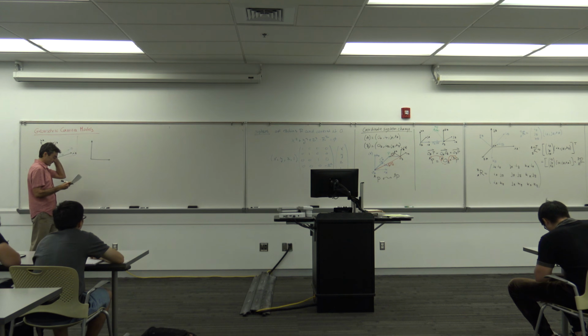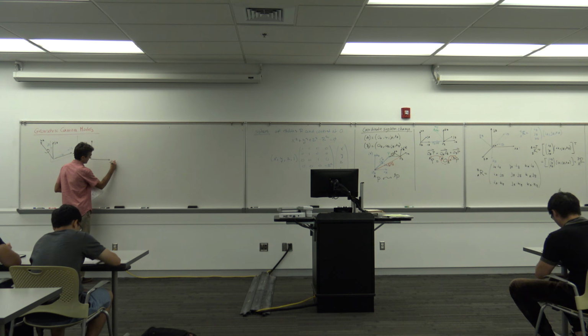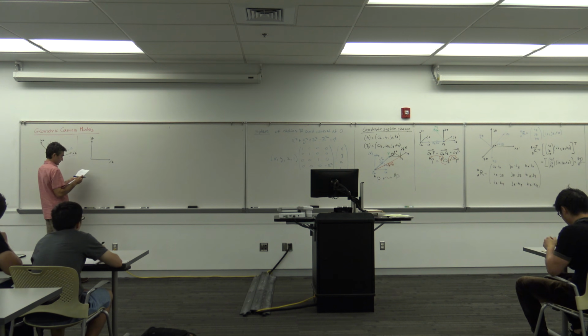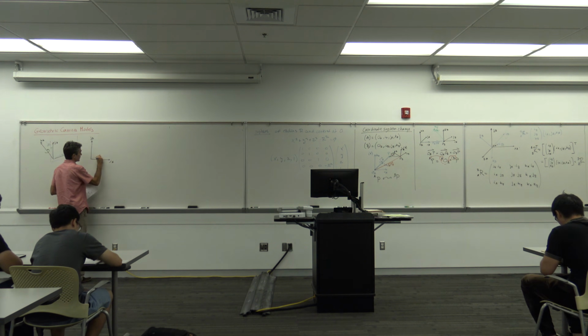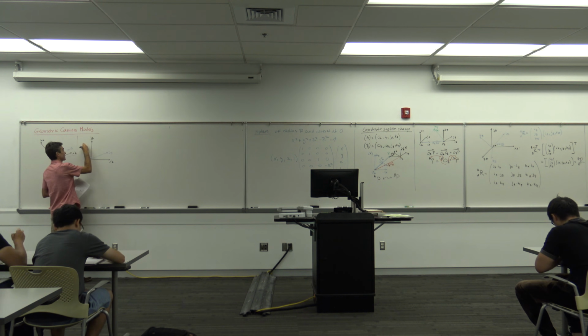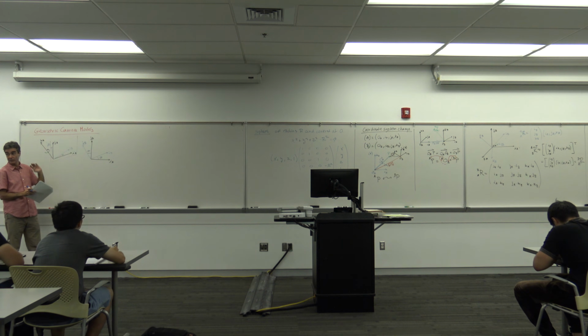I have IA and JA, and the rotated vectors IB and JB, and again, this angle is theta. I'm just redrawing this seen from the top. It looks clearer than in 3D.